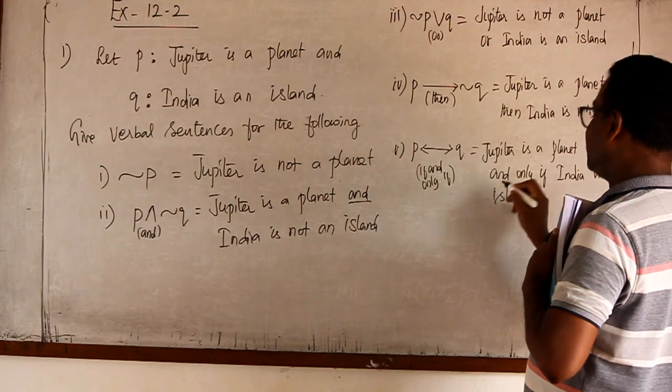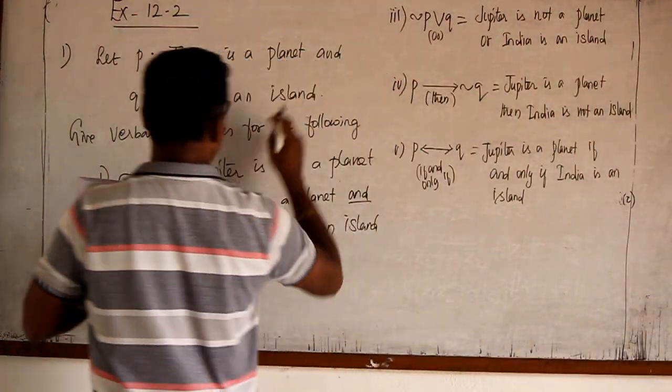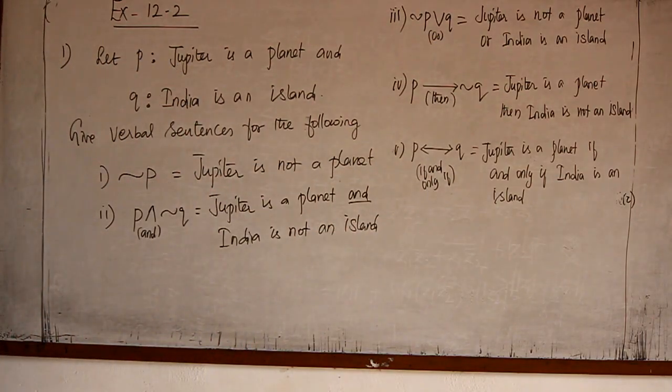So these are the different notations we have. This is the and statement, this is the or statement, this is the then statement, and this is if and only if. That's all about the first problem.